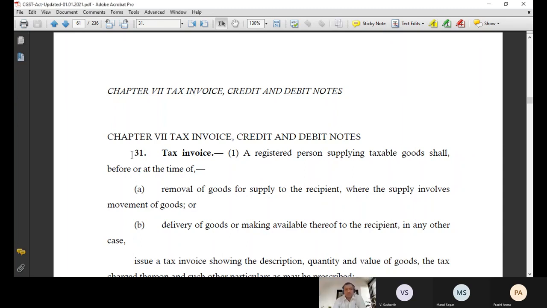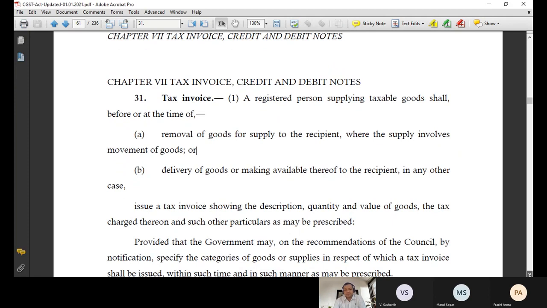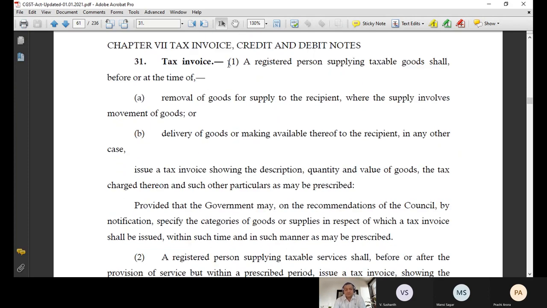Section 31. I hope it is clear. Heading: tax invoice. Within this, subsection 1: a registered person supplying taxable goods shall, before or at the time of, so technically it is nothing but a date given, time given.